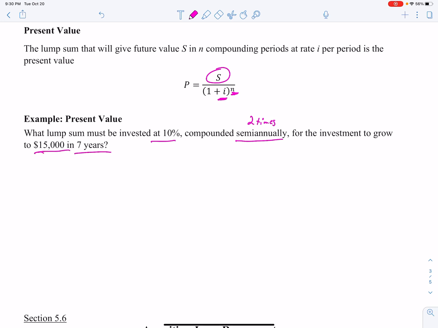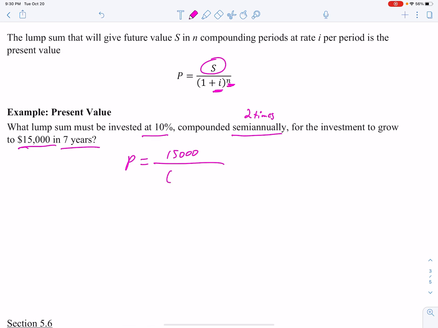So we plug everything in. We want the present value that we need to put in. We want the future value to be 15,000. And we do 1 plus the interest rate, which is 10%, so be careful, that's 0.1 or 0.10, either way, for 7 years. Make sure you plug this in correctly into your calculator, and use the parentheses as I did here.